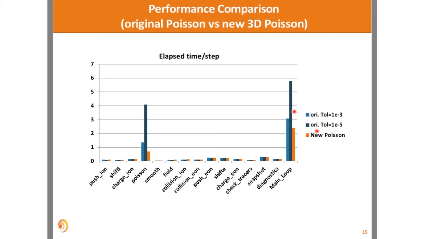Fortunately, the new solver has a cheaper cost because it doesn't need internal iteration, since it deals with the 3-dimensional problem directly, without decomposition into 2D and 1D coupled equations. But still, in this case, Poisson is a bottleneck.